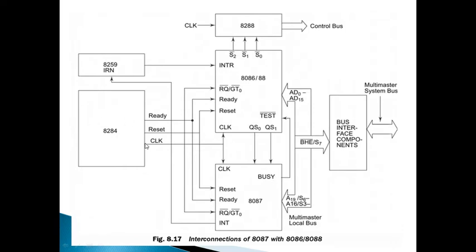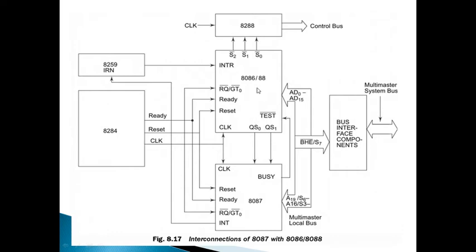Next, the host processor 8086 and 8087 require clock, reset and ready from the 8284 clock generator. So this one is responsible for generating or synchronizing both 8087 and 8086, as they are getting the clock signal from the same source.